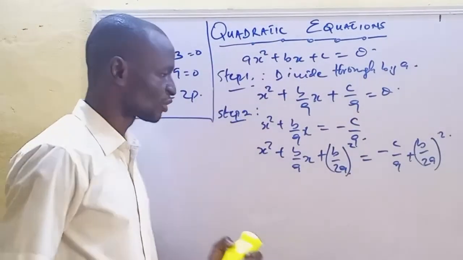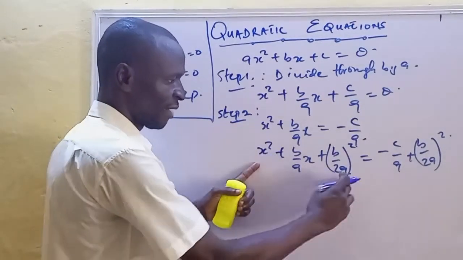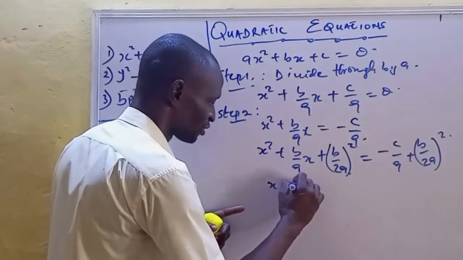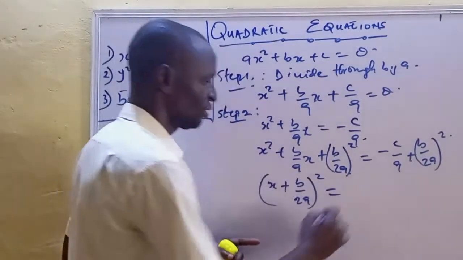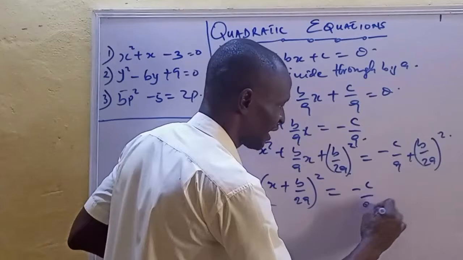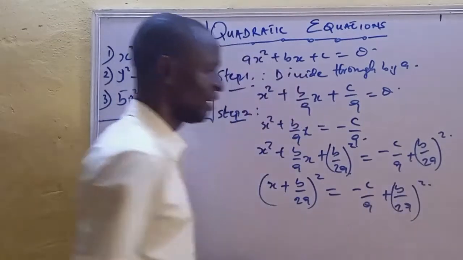So that by completing the square, to make this a perfect square, I'm bringing out my x: x plus b over 2a all squared is equal to minus c over a plus b over 2a all squared. I'll stop here.